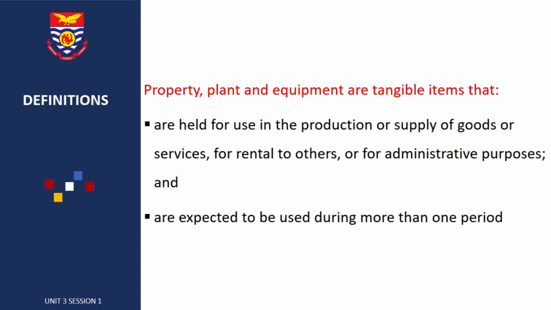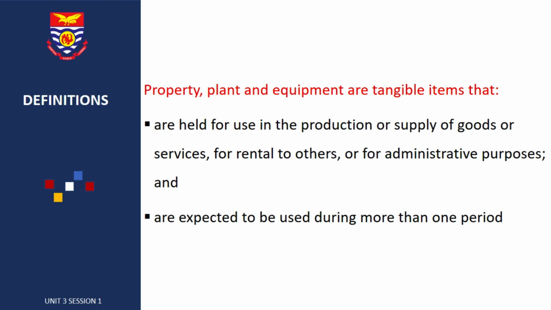Now let's look at the definition of property, plant, and equipment. When we say PPE, what comes to mind? How does the standard define it? Now, property, plant, and equipment are tangible items. And when we talk about tangible items, they are the items that we can see, feel, and touch. So you can see it, you can touch it.